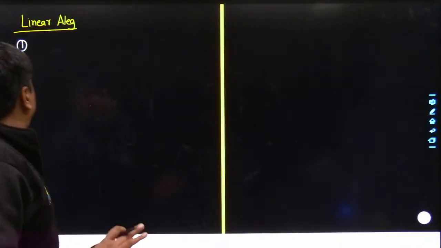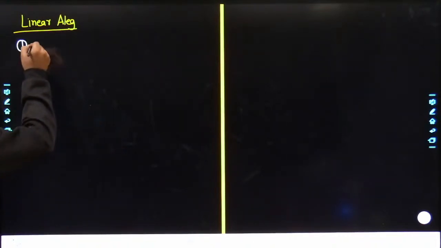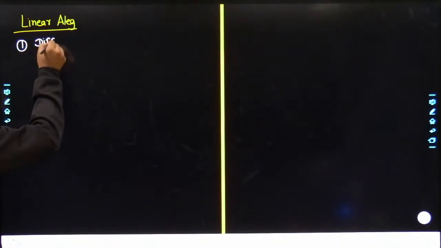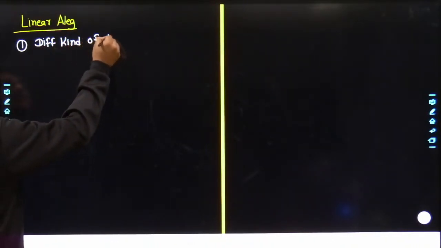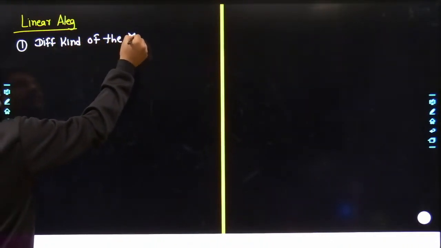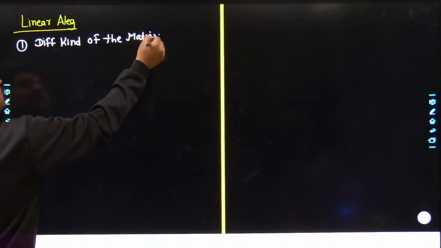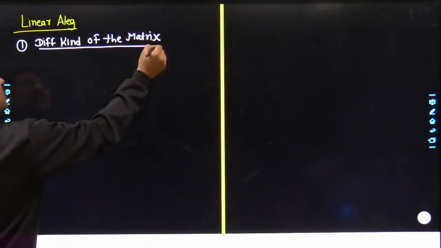Yes, at the very beginning you should have a little idea about the different kinds of matrices. You should start from here, and I have seen here and there that problems do come from this segment also.